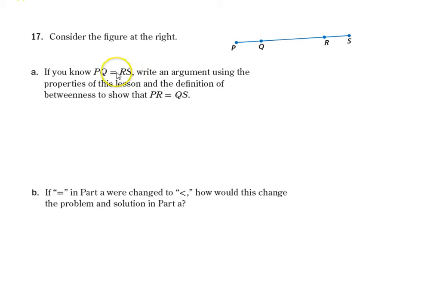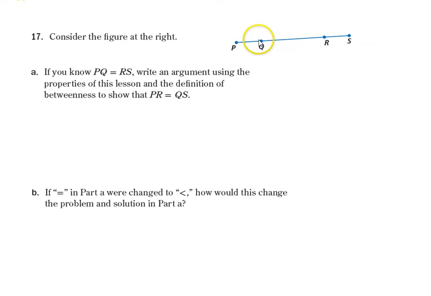We're going to write an argument using the properties of equality and the definition of betweenness, which means that all these are on the same line, to show that PR is equal to QS. So we want to show that this distance right here is the same thing as this right here.